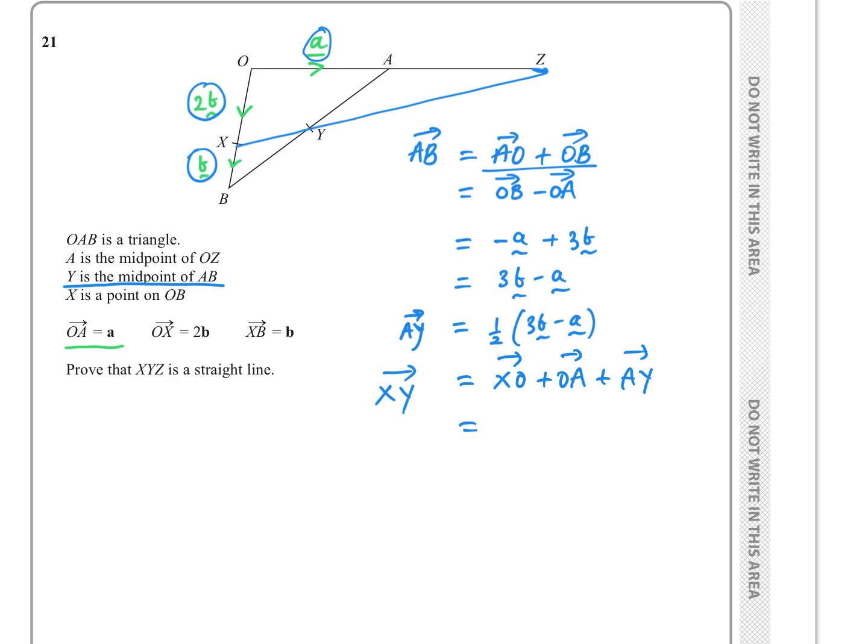So X to O is the opposite direction of O to X, that's minus 2B, plus OA, which is just A, plus AY, which is what I've just found. I can clear that up a little bit.